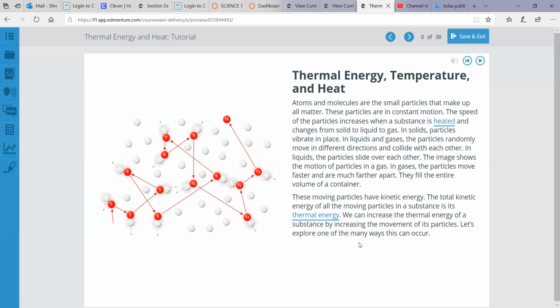They have kinetic energy because they're moving. And the total kinetic energy of all moving particles in a substance is its thermal energy, right? So if you add up the kinetic energy of all these little particles, that's the thermal energy of that object or substance. And you can increase this energy by increasing the movement of the particles.